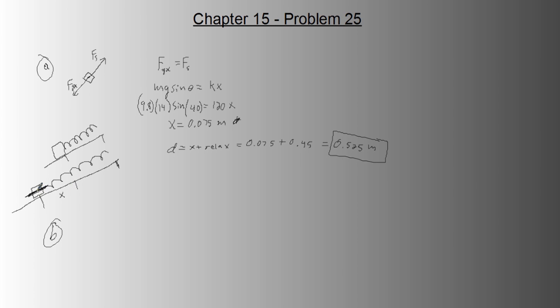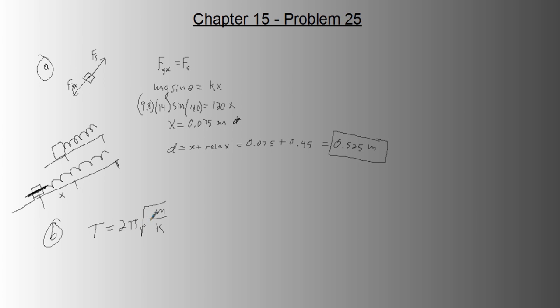If there's no friction, it'll do that forever, and the amplitude won't decrease. So the period of this type of motion with a mass on a spring is the same as always, 2 pi root m over k. But I think one of the points of this problem is to have you realize that it doesn't matter that the spring is on an incline and gravity is acting. This is the period regardless.